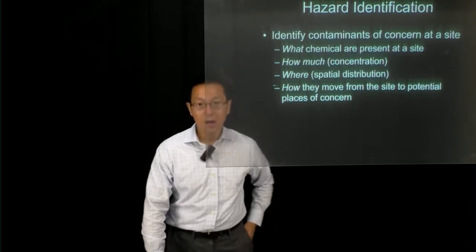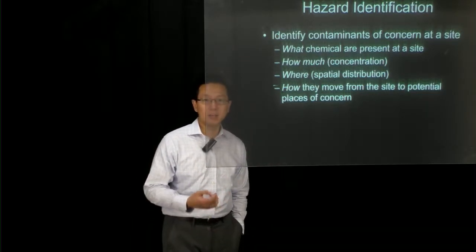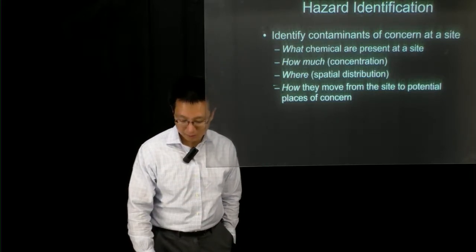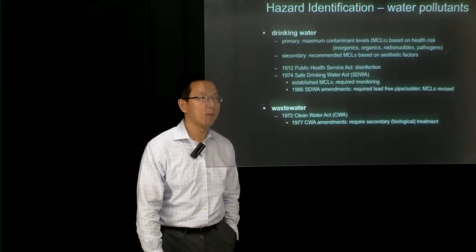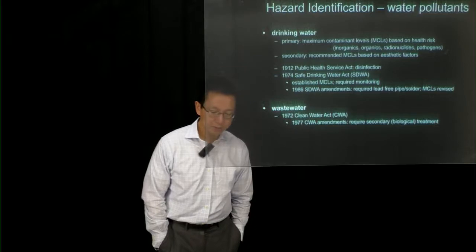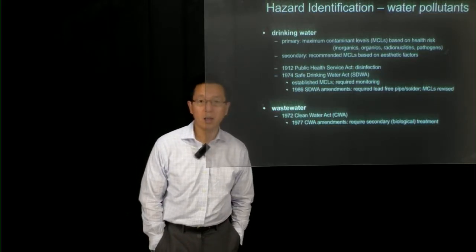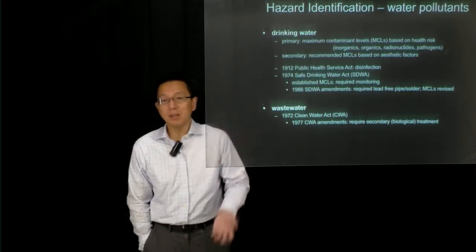Now that's on the hazard identification. The main purpose is just trying to find out more information about the chemicals of concern. But in the United States, much of this hazard identification was taken care of by the laws, because there are millions of different chemicals.